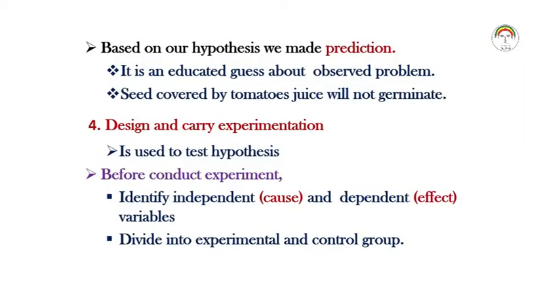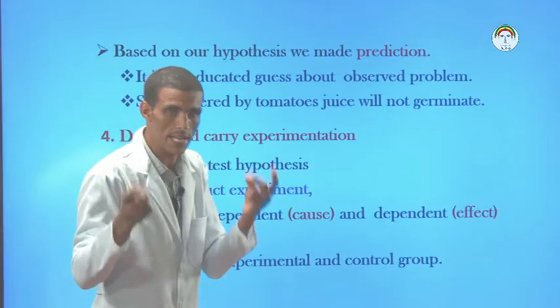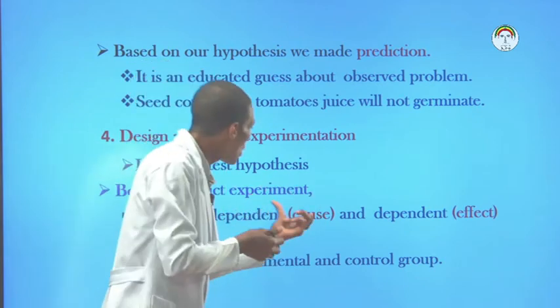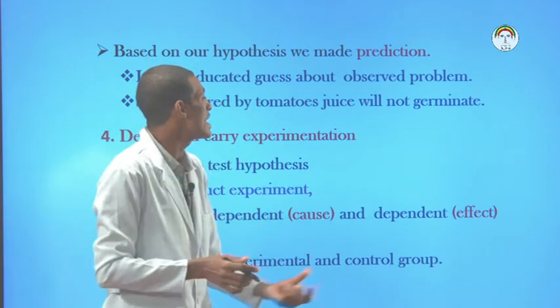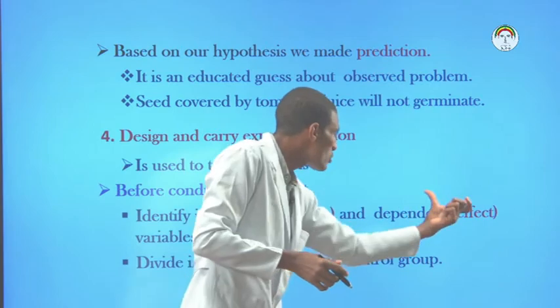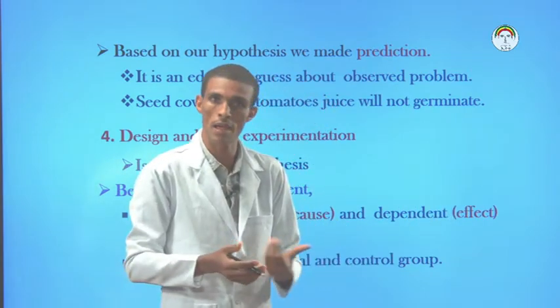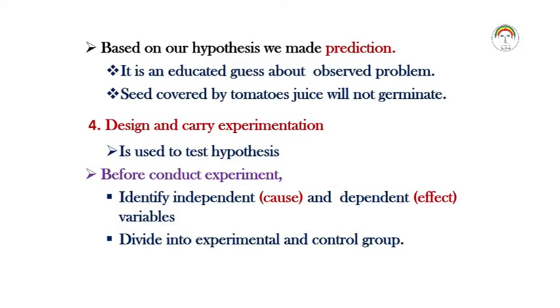When we design our experimentation, first, we must identify our independent variable, which is the cause of our problem. And again, we must deduce the effect, or dependent variable. And again, we must identify the experimental group here, and the control group that we can compare with.